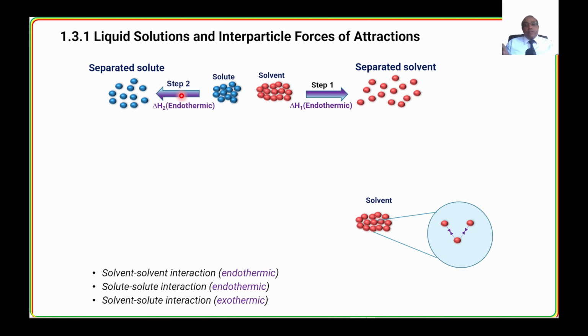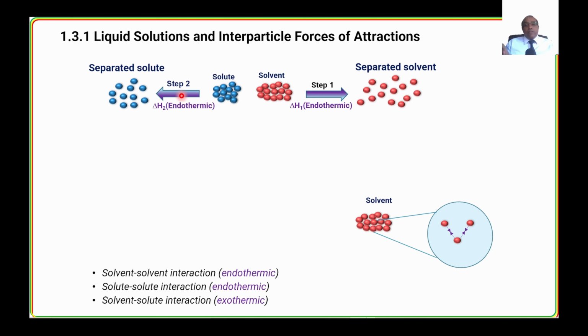In the third step we need to mix them. When you mix them, there is attraction between solid particles and solvent particles. When they attract each other, they release energy. That energy is exothermic, and let's assign that energy delta H3.